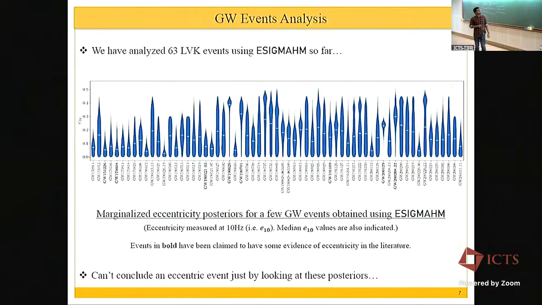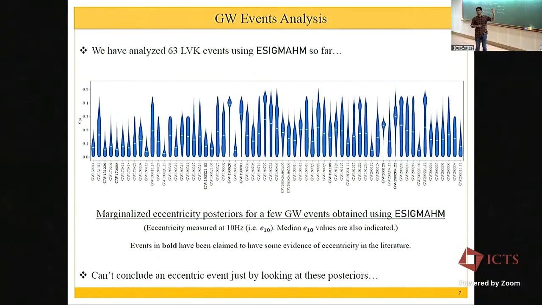So we analyzed, this is an ongoing process, as I said. We have analyzed 63 LIGO events so far. And what I'm showing here is the eccentricity distribution for each of these 63 events. Basically, these vertical plots are basically histograms.